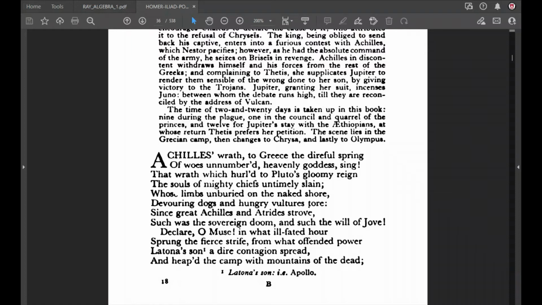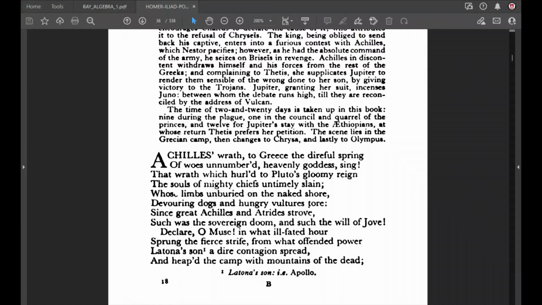Remember, it's going to be short, long, short, long, short, long, short, long, short, long. Or we could say no accent, accent, no accent, accent. That's the idea, like a rhythm. Okay? Let's read it now poetically. It says, Achilles' wrath to Greece, the direful spring. Of woes unnumbered, heavenly goddess sing.